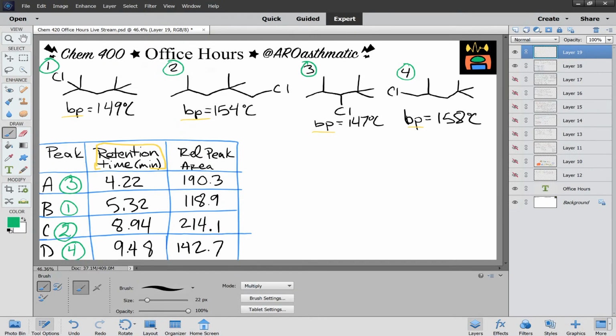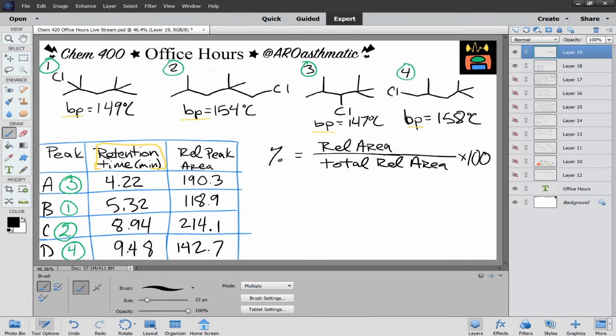Now part 3: based on the relative peak area, calculate the percent of each monochlorinated product in this mixture. To calculate the percent based on peak area, you take the relative area of each compound divided by the total relative area of all of them, then multiply by 100.